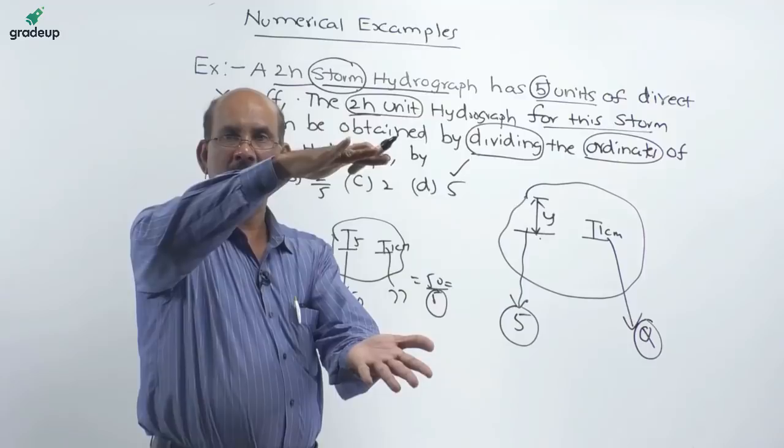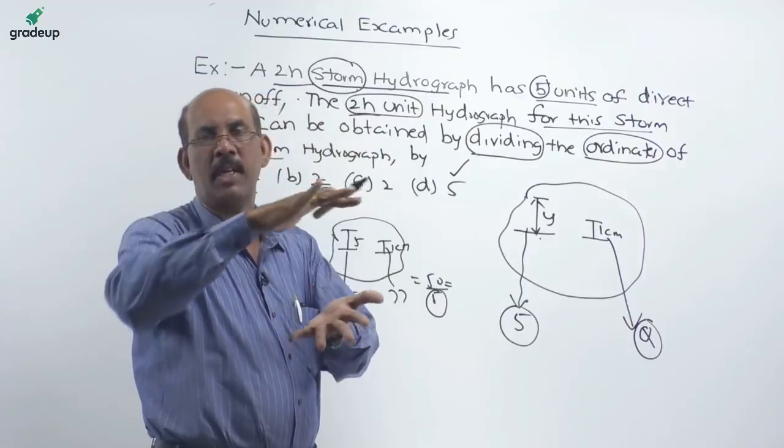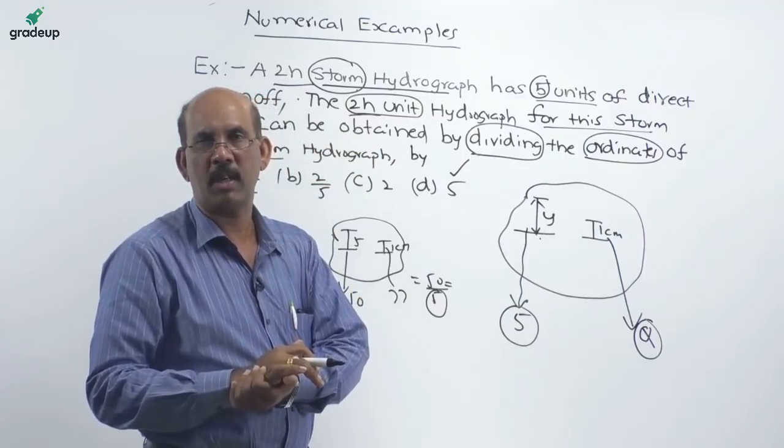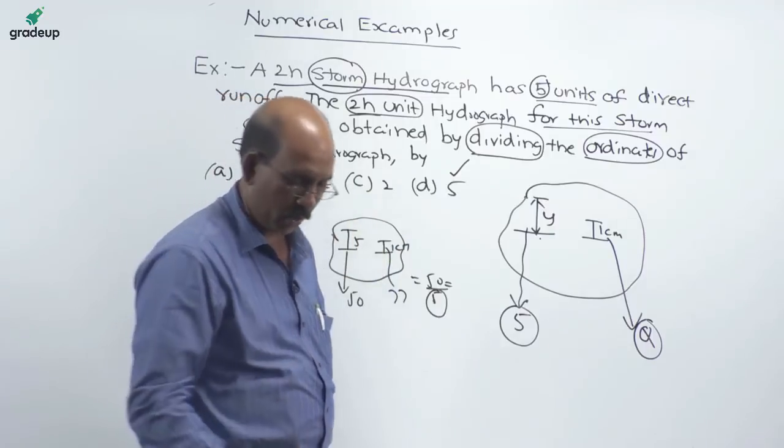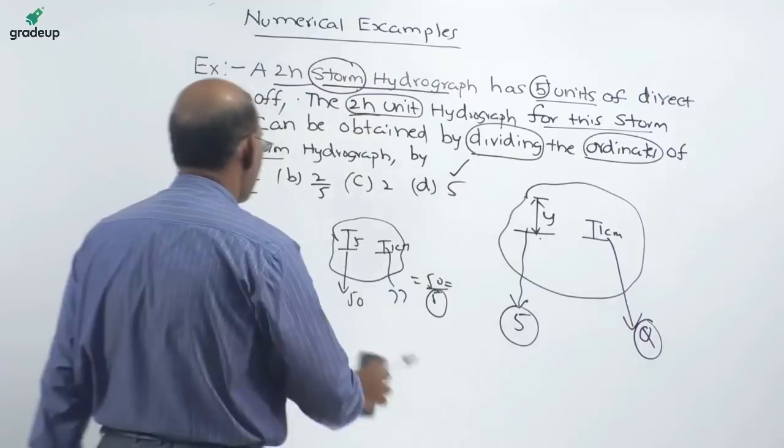If 5 centimeters produce this much, 1 centimeter produces how much? That is the concept here, dividing the ordinates by 5. So the answer is dividing by 5.